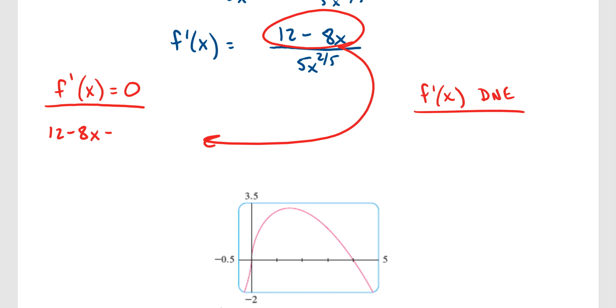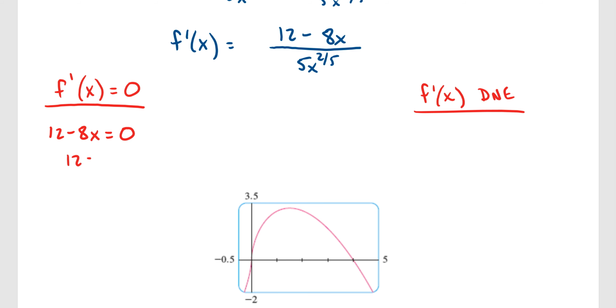Anytime you have a simplified fraction, the only way it equals 0 is if the numerator equals 0. So solving this for x, because it's a nice little linear equation now, we can add 8x to both sides, divide both sides by 8. Simplify 12 divided by 8 is 3/2. So this is one of our critical points.